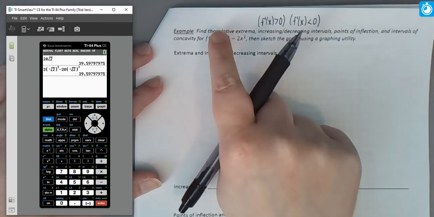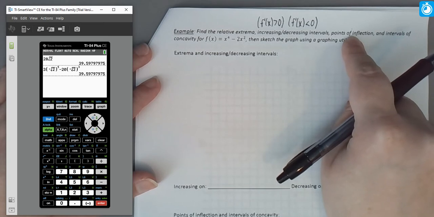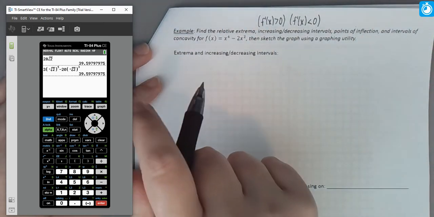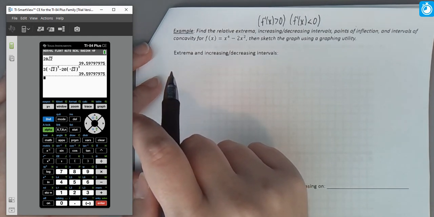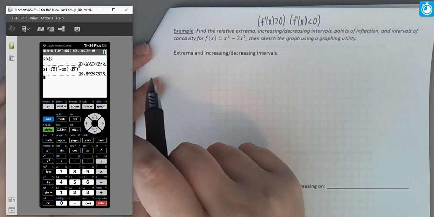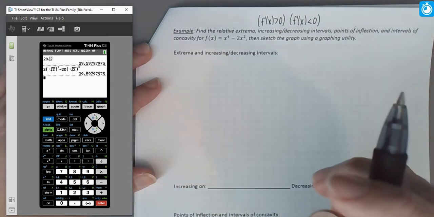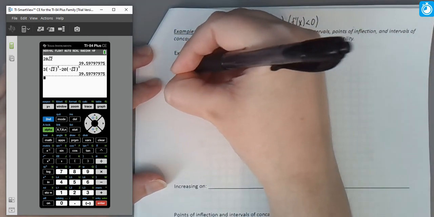So critical values, that's where the first derivative is 0. Locations for our points of inflection, that's where the second derivative is 0. And then also the intervals of concavity. So whenever our second derivative is greater than 0, we're concave up. Wherever our second derivative is less than 0, we're concave down. Now, either case, we just need to start with the derivative.